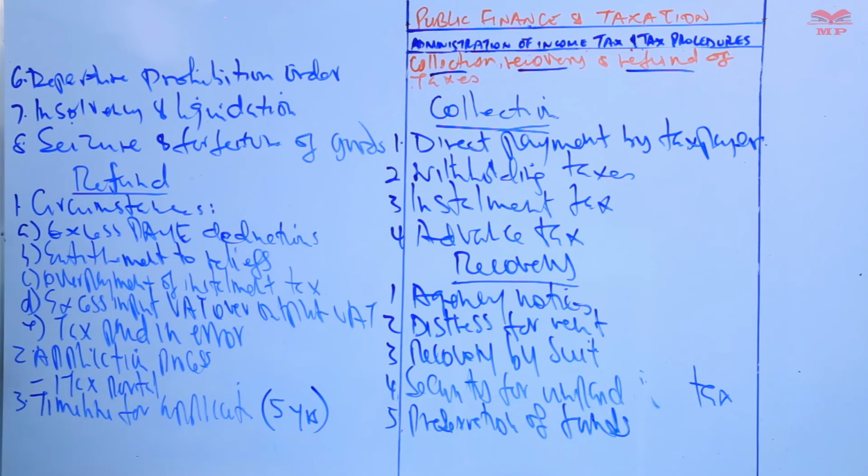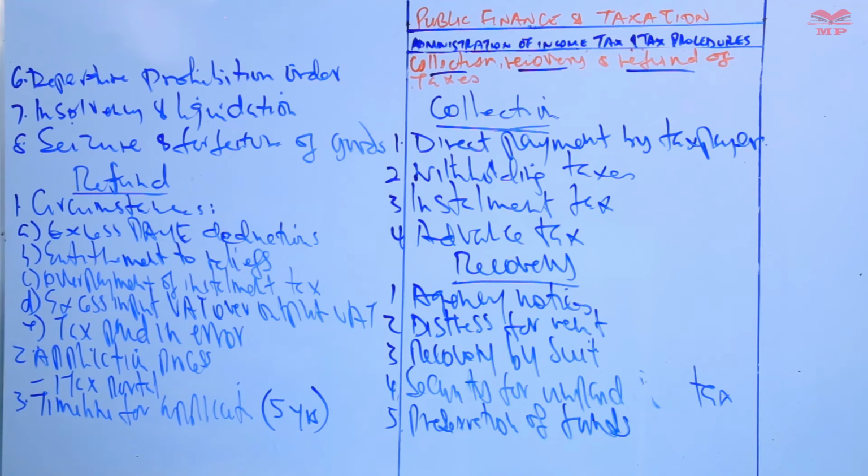If you have overpaid and you do not claim within 5 years, then forget about it. However, specific tax laws may have different periods. For example, there might be shorter periods for certain VAT refunds.